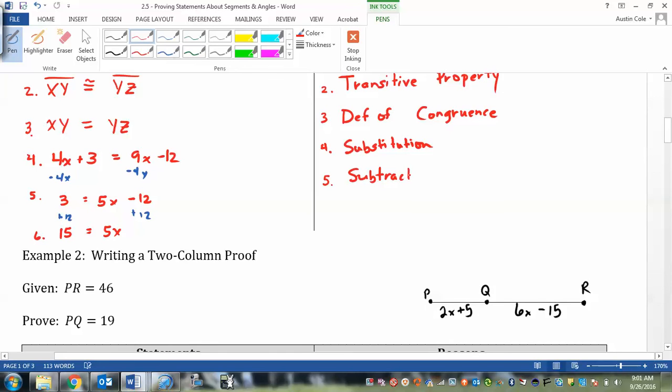That's the subtraction property. And then from 5 to 6, I used the addition property. And then lastly, what would we do? Yeah, x is going to equal 3, and that's going to be the division property.